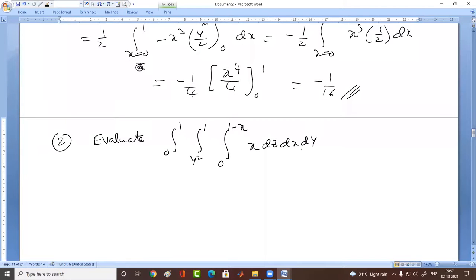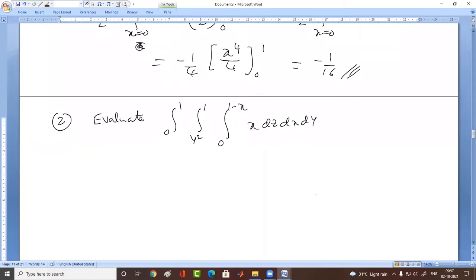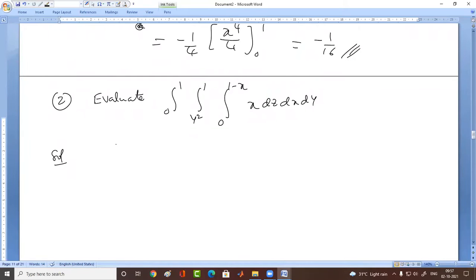The order is indirectly given, but we should not follow the given order. Logically follow the order: 0 to 1, y square to 1, 0 to 1 minus x, dz dx dy.